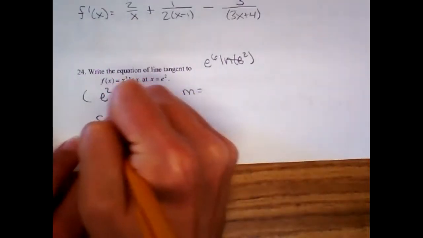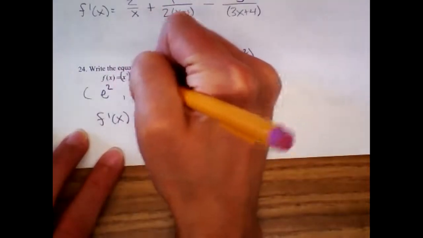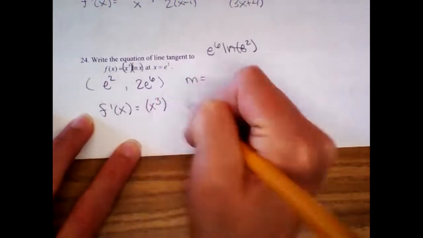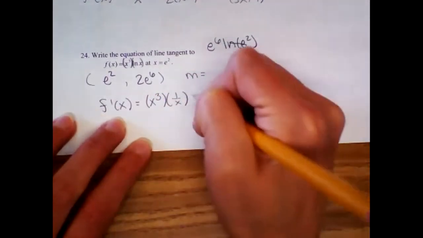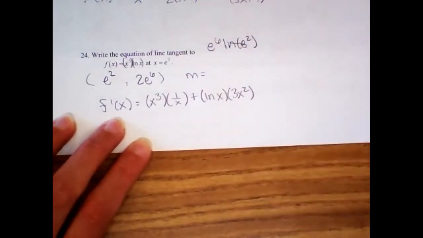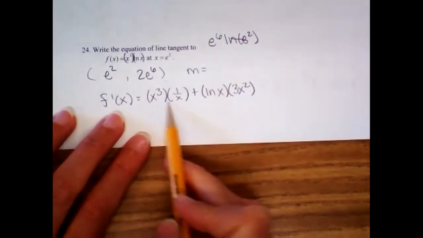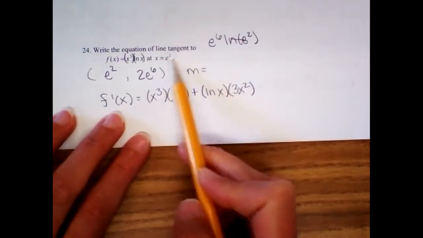All right, slope comes from derivative. It's a product rule. So product rule says it will be the first times derivative of the second plus the second times derivative of the first. So what's going to happen with that first term there? Because that is going to reduce a little bit. That'll just be x squared. Okay, so we're plugging in e squared.